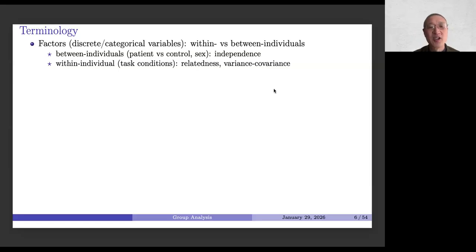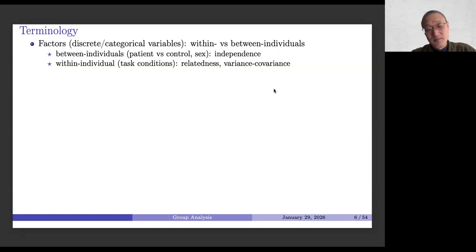A factor is a discrete or categorical variable, right? That can be a within- or between-individual variable. For between-individual factors, the typical ones are males versus females or patients versus controls.